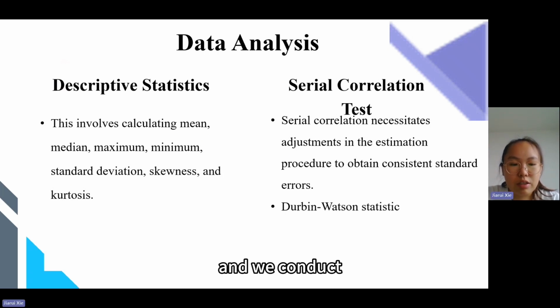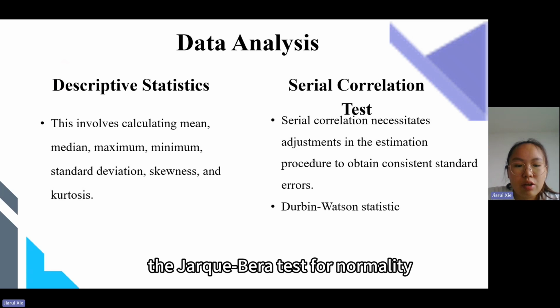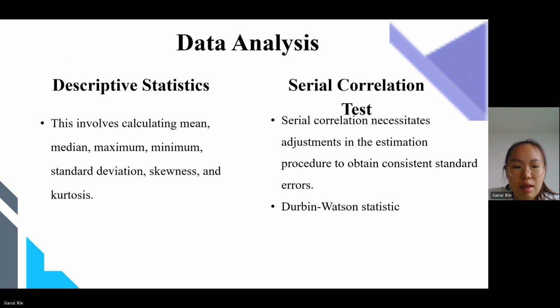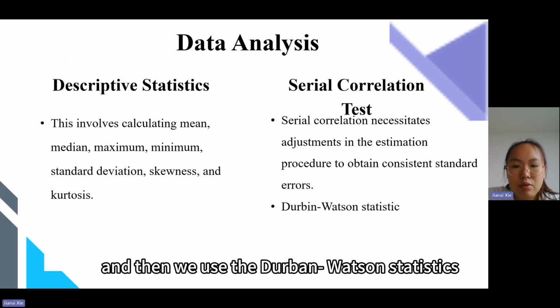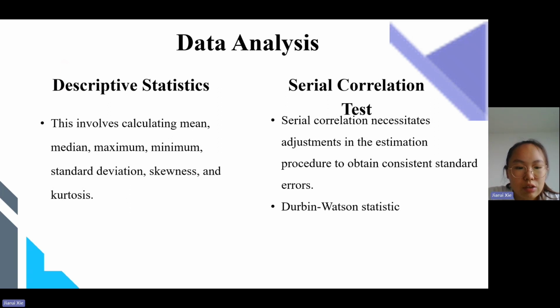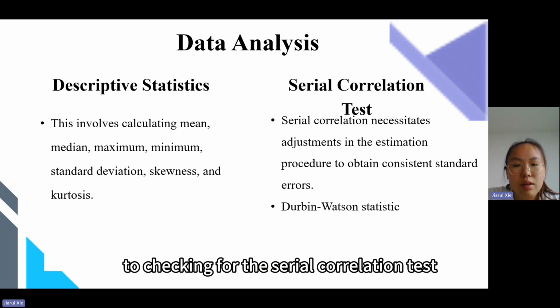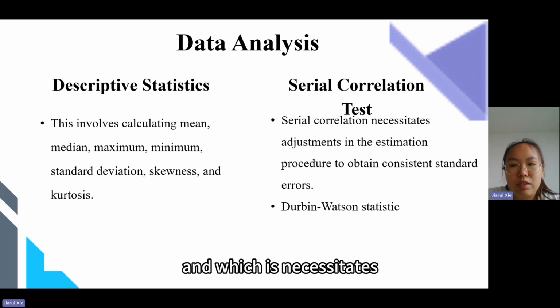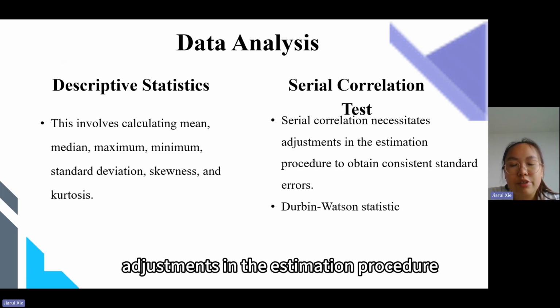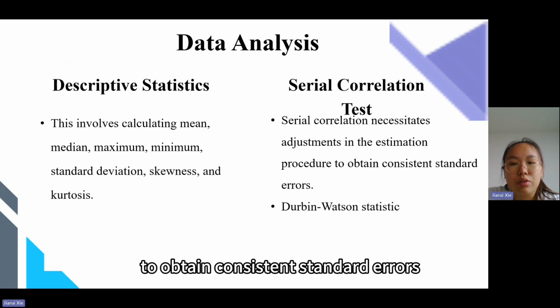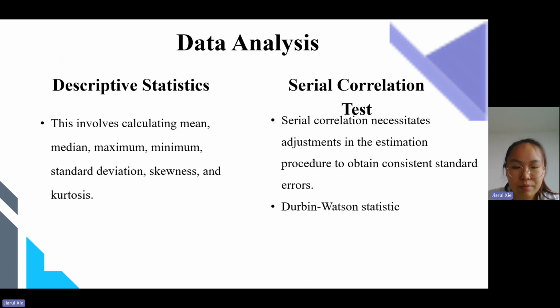We conduct the Jarque-Bera test for normality. Then we use the Durbin-Watson statistic to check for serial correlation, which necessitates adjustments in the estimation procedure to obtain consistent standard errors.